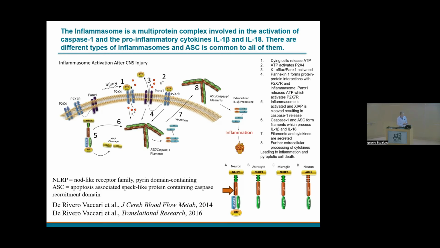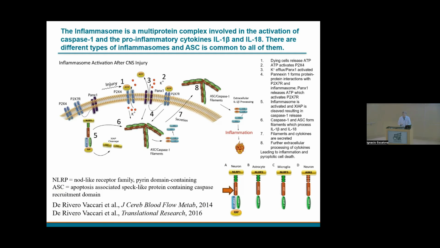And it's really cool that you have different types of inflammasomes depending on what cells you're looking at. But one aspect that's consistent in all of the inflammasomes that we studied so far is this ASC. ASC is an apoptosis-associated speck-like protein containing a caspase recruitment domain. So it recruits these other components of the inflammasome.